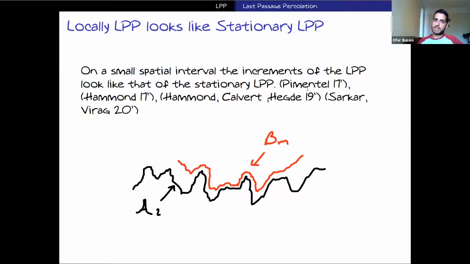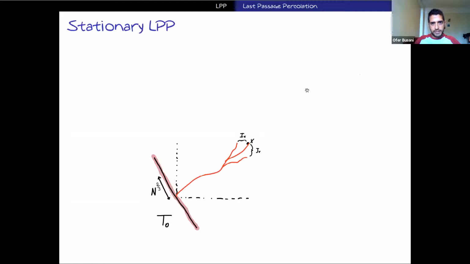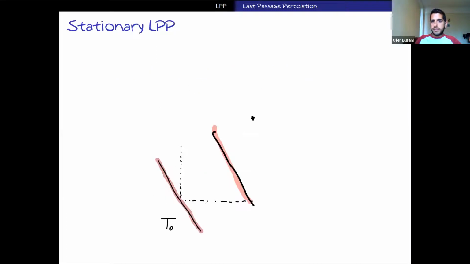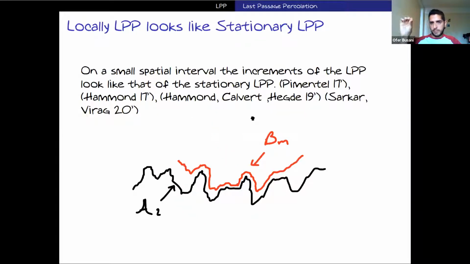So why am I telling you this? Because if we look back at the increments of the stationary process, you can see that they represent a random walk. In the case that rho is 1/2, this would be a Brownian motion in the scaling limit. And this shows that locally, the point-to-point geodesic passage time behaves like the stationary last passage percolation.